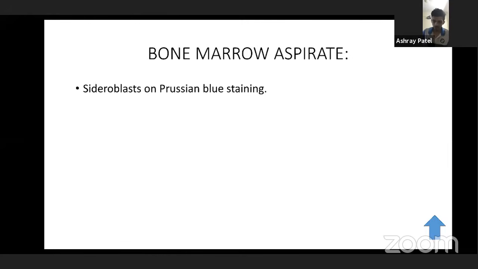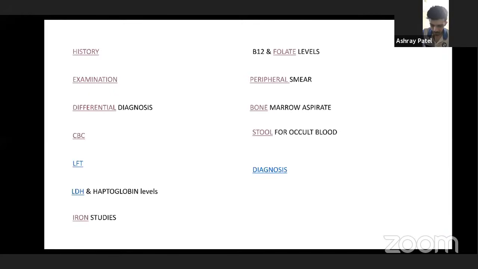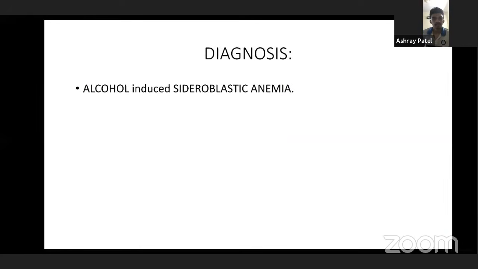Why sideroblastic anemia? What is called sideroblastic anemia? So on peripheral blood smear, we would be able to see ringed sideroblasts and also Pappenheimer bodies, as you said. And it's an anemia that happens because of an iron overload kind of situation.